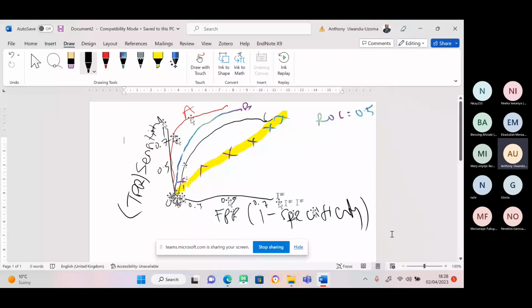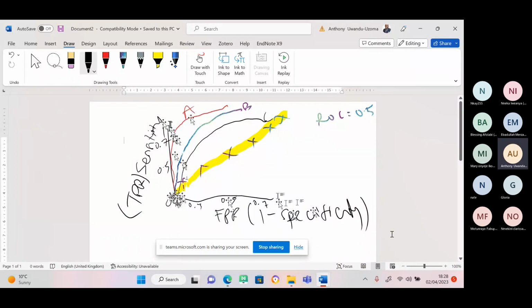Good, good. So we will want our curve to hug the left top side, to be as close as possible to the upper left side. So the best test is this one, this A here, right?